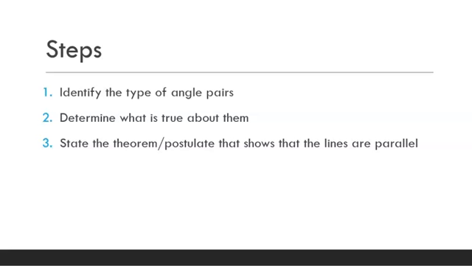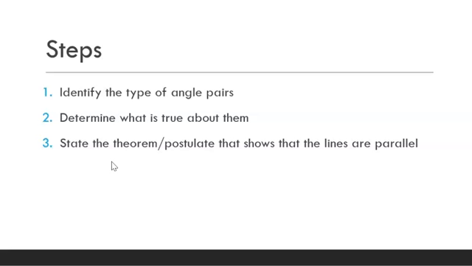You have to show that the beginning of that statement from your theorem is true. So that's identifying the type of angle pair you have and then telling what's true about them, whether they're supplementary or whether they're congruent. Then finally, you're going to state the theorem or postulate that says that the lines are parallel. And that's always going to be a converse theorem.